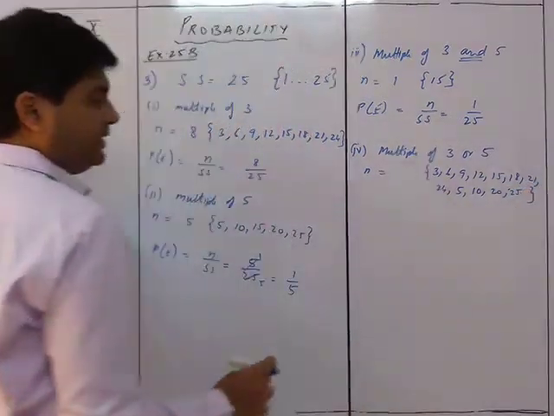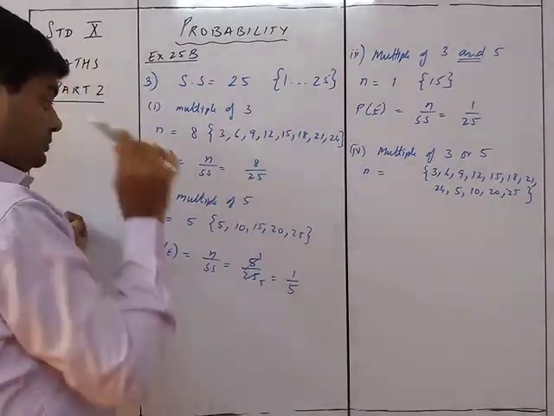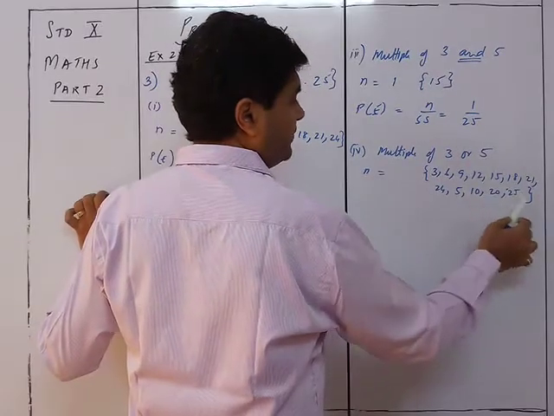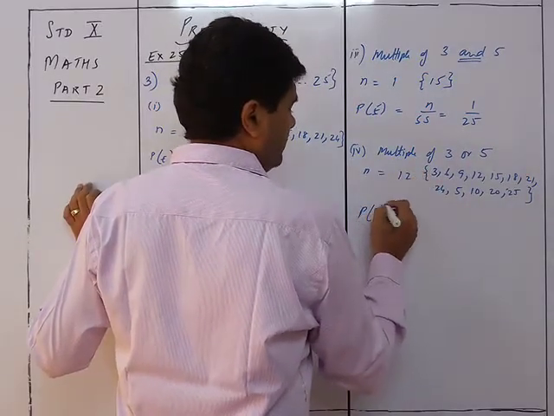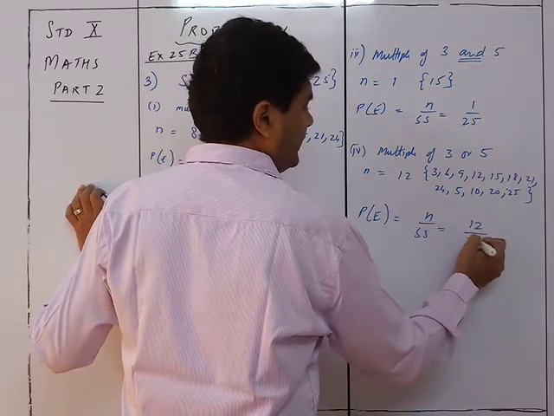That will bring the total to 12. So it is 1, 2, 3, 4, 5, 6, 7, 8, 9, 10, 11, 12. So P(E) will be equal to n upon S, which is 12 upon 25.